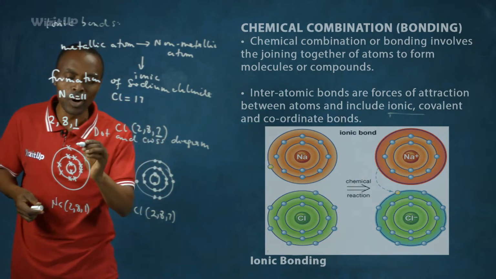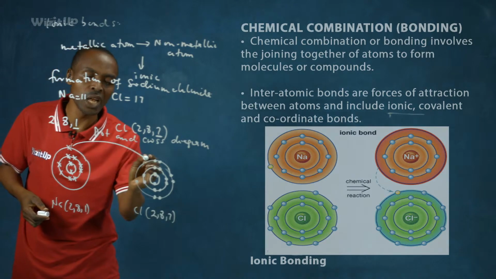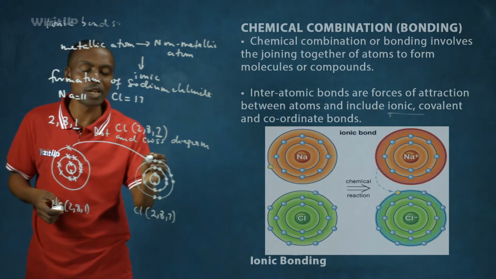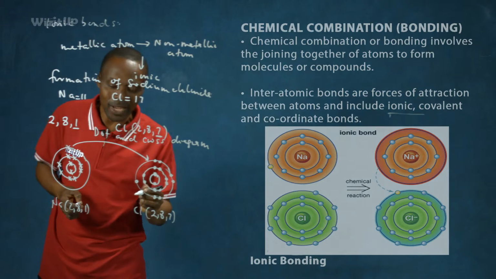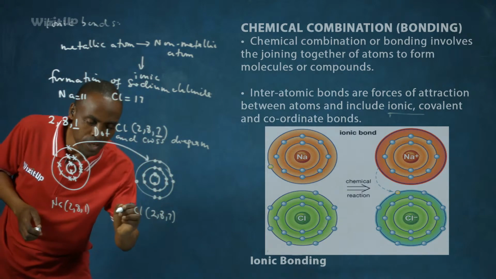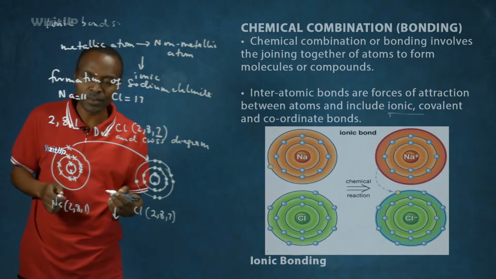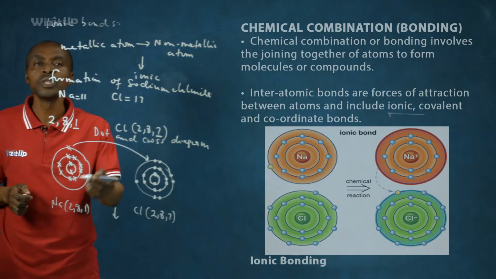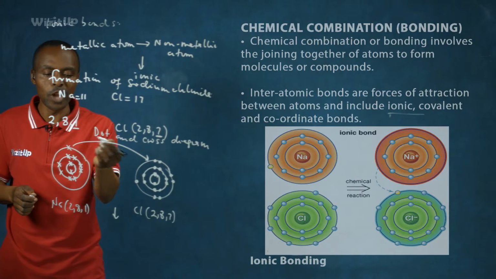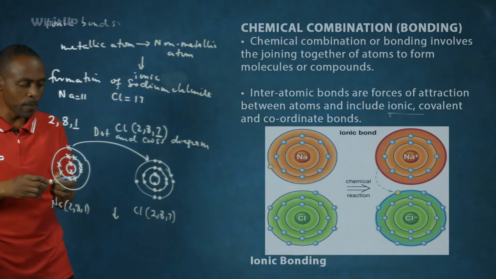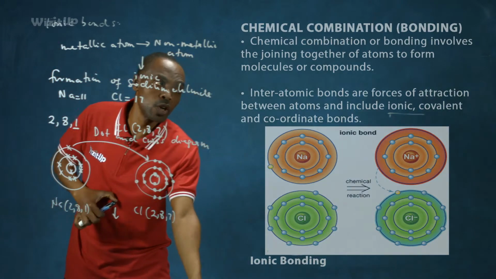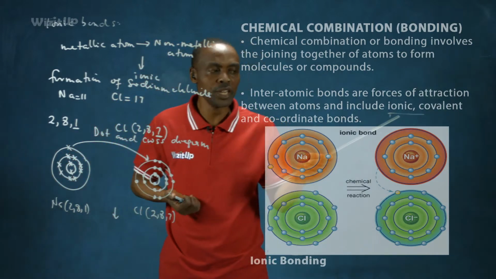So the sodium atom donates this electron to the chlorine atom. By so doing, we now have a new electronic diagram. The sodium atom has lost 1 electron, so the new structure is what is illustrated on your screen.